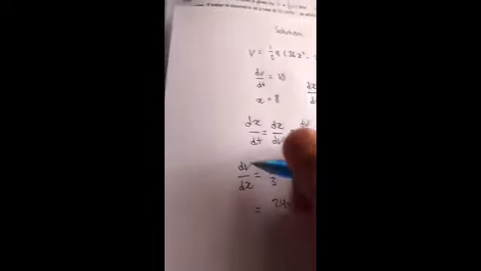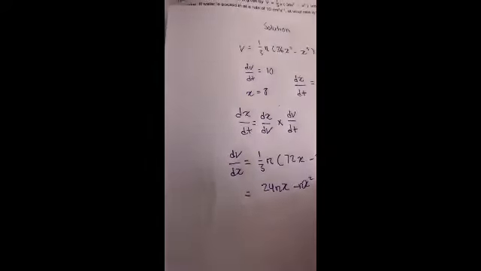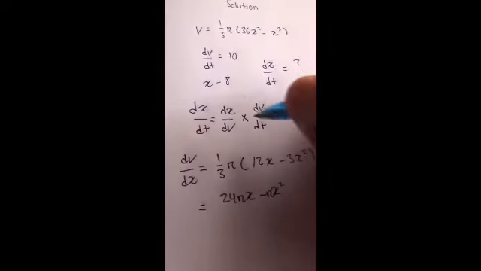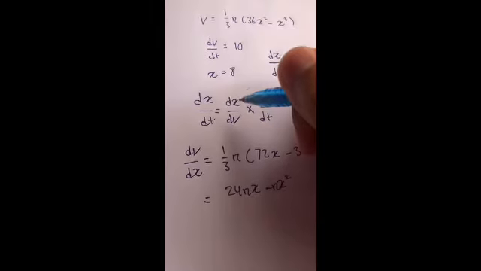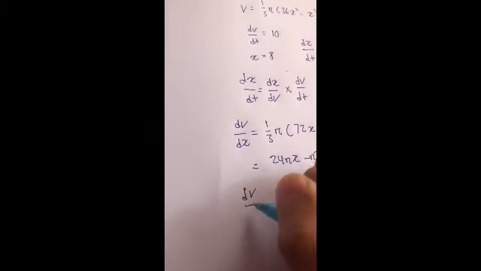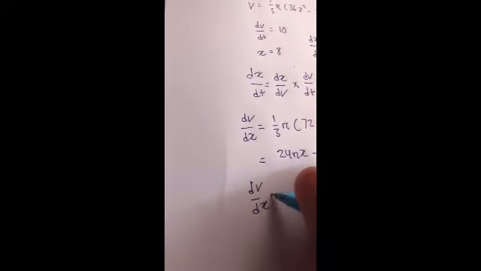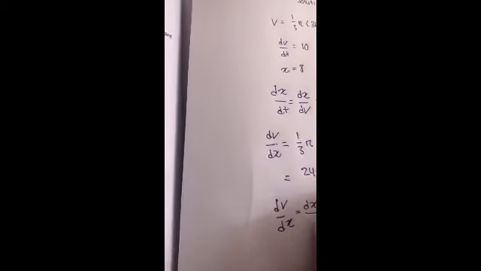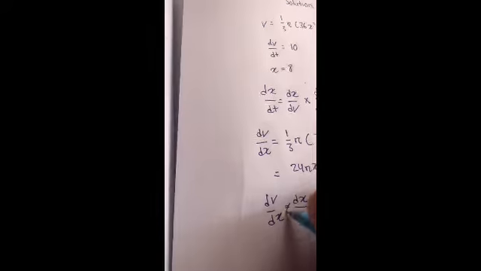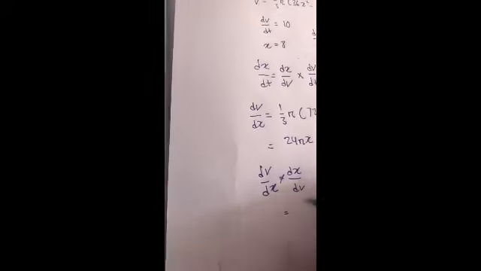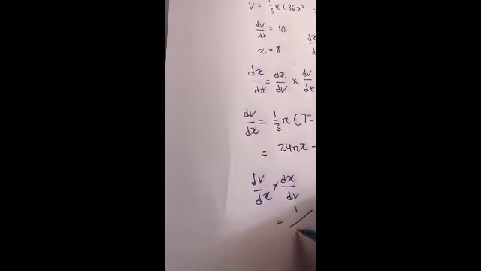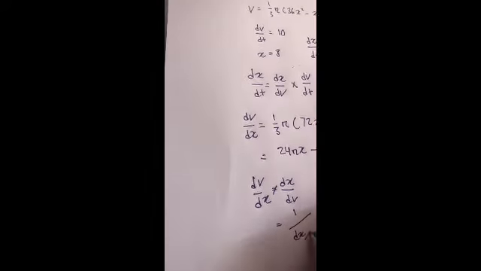So this is dV per dx. What we want is dx per dV, and dx per dV is equal to 1 over dV per dx.